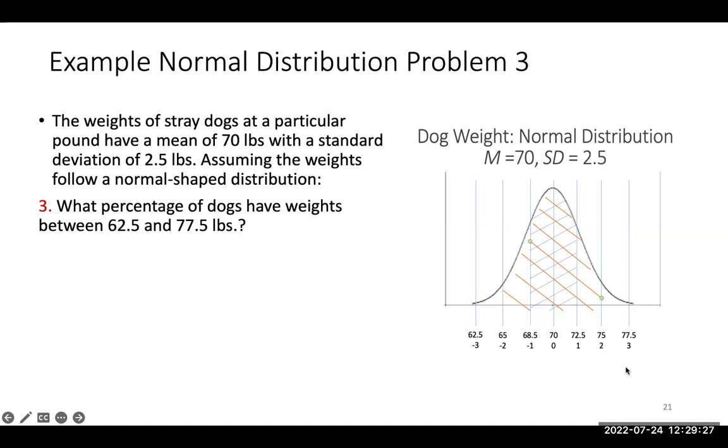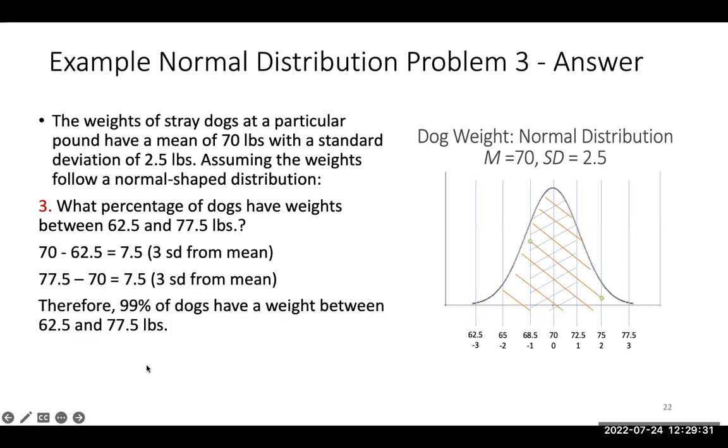Based on what we know with the 68, 95, 99% rule, we can easily answer that about 99.7% of dogs have a weight between 62.5 and 77.5 pounds. So those are the 3 main types of problems that I would be asking you about the normal distribution.